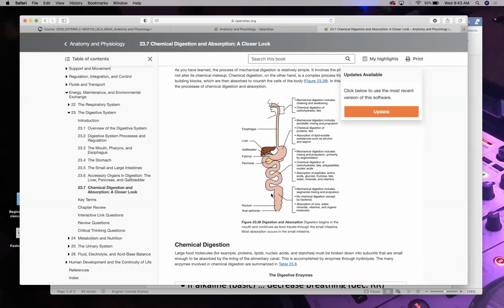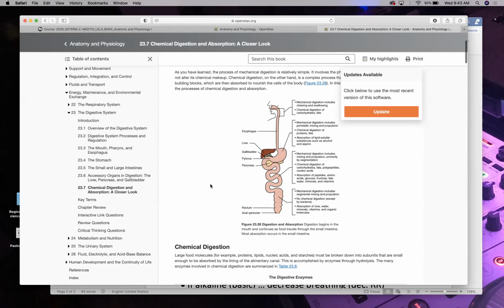And this is just another view of your alimentary canal. And look, this is a lovely picture. Do you see how it breaks down mechanical and chemical digestion? And what is the chemical digestion? It's enzymes. We already talked about enzymes. Proteinase, lipase, amylase. Those are the three main ones.